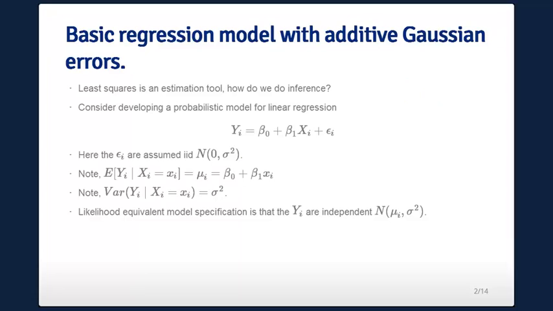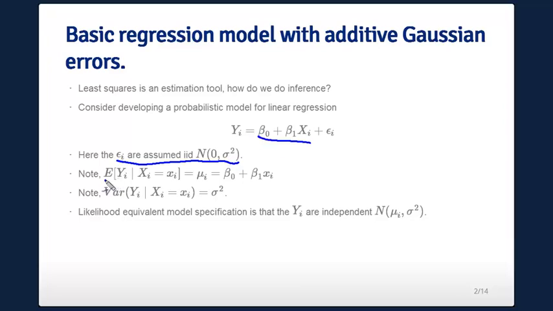That adds a lot of assumptions over what we've been thinking about previously, but hopefully we get something for that. We think of this as the sampling model, where our errors are independently and identically distributed, and this is the mechanistic part.